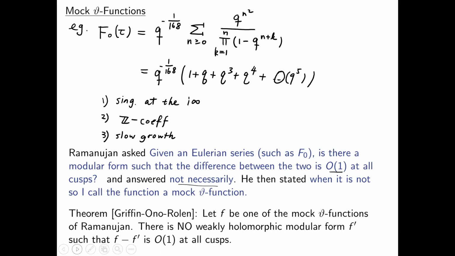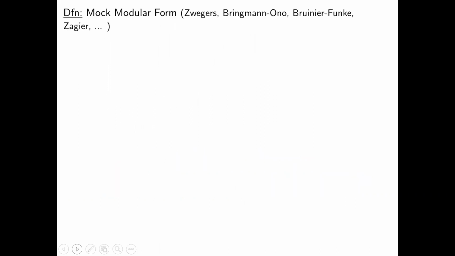So how can we go about proving such a thing? Well, it actually relies on the modern definition of mock modular form, which we have heard already. But just for the sake of notation, let me briefly repeat that.